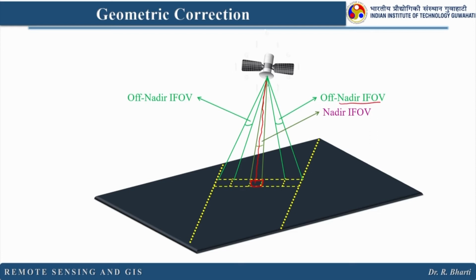Each pixel is captured by a detector, and the angle at which it is looking at the surface is known as IFOV, and the total angle looked by the sensor is your FOV. And this is the scanning path. The next pixel will be generated here, here, here, like this it will generate the whole image.